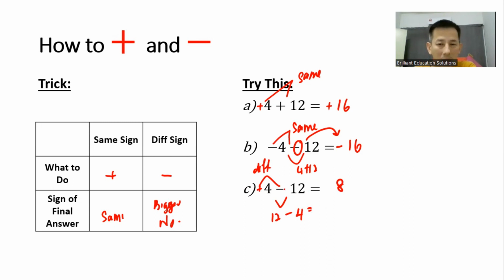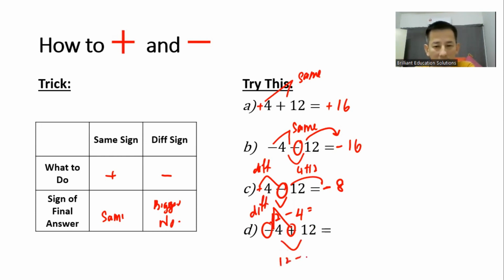The sign of the bigger number is negative, so it's negative 8. How about negative 4 plus 12? Same, this is different sign, so you minus: 12 minus 4 is 8. The sign of the bigger number is plus, therefore this is plus 8.